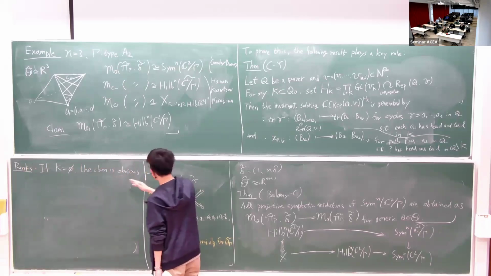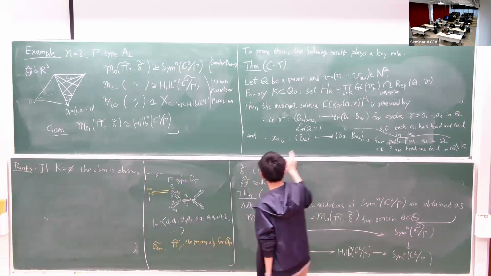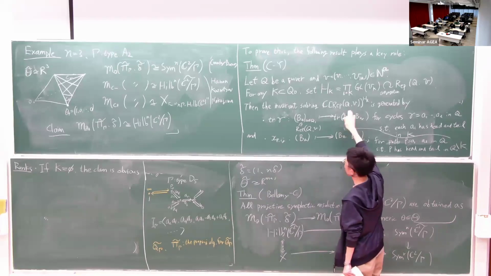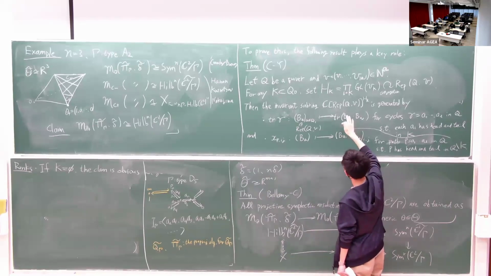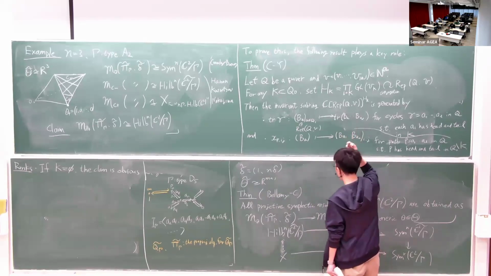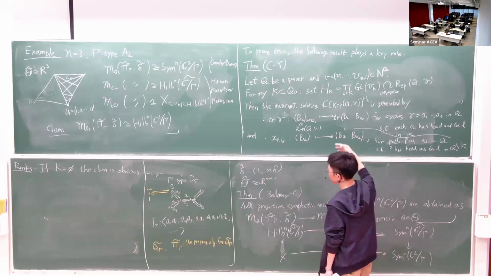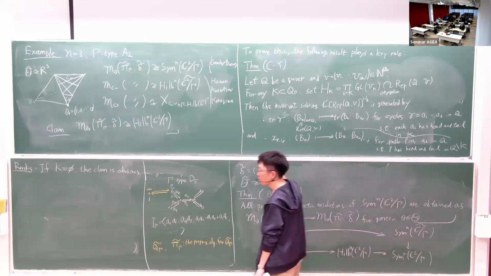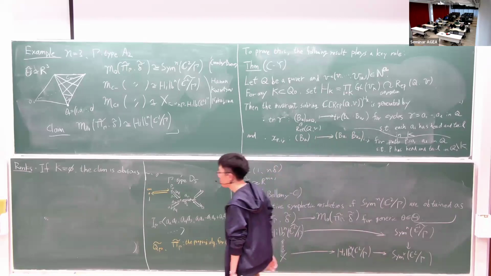Because in this case, HK is trivial, so this is just the space of all representations, the coordinate ring of all representations. Of course, this is generated by all the entries of the matrix.